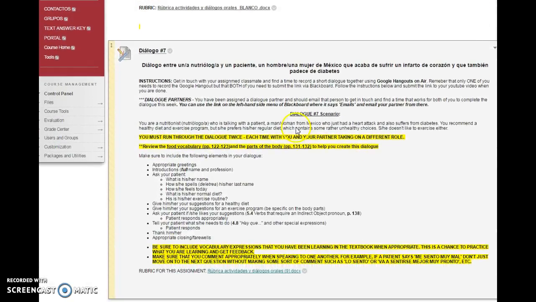So, diálogo entre un nutriólogo o nutrióloga y un paciente. Y el paciente es un hombre o una mujer de México que acaba de sufrir un infarto de corazón y que también padece de diabetes. So one of you is going to be the nutritionist while the other person will be the patient who is from Mexico, recently had a heart attack, but also suffers from diabetes.